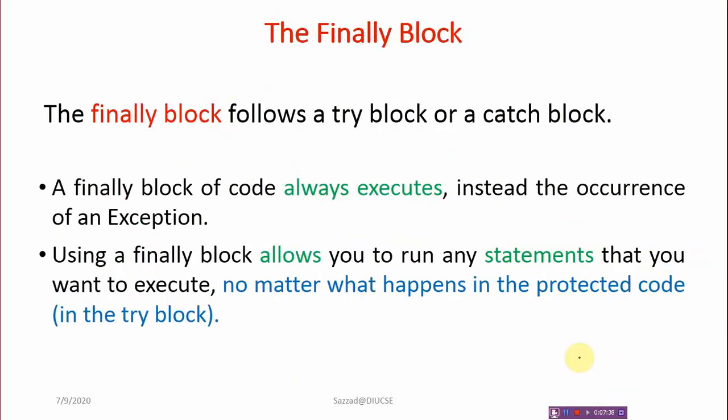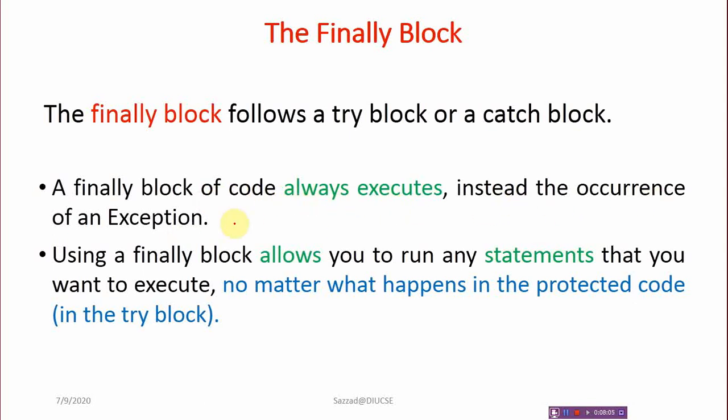Okay. Now the finally block. The finally block is very useful when there is code where some exception can happen. So what is the use of the finally block? The finally block follows a try block or a catch block. A finally block of code always executes regardless of the occurrence of an exception.